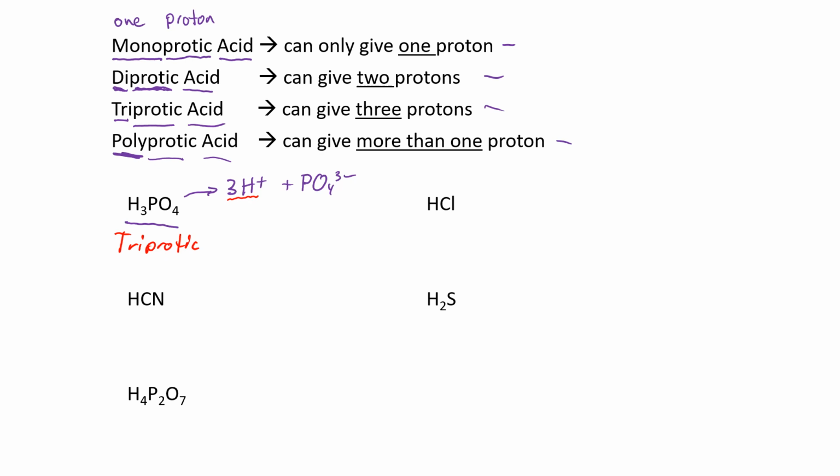Okay. Now, it doesn't necessarily mean that it will. We still call it a triprotic acid. It's still possible that it could, and we'll talk about this later. It might only donate 2 protons, right? It has 3 to donate, but it might just give up 2 of those protons. And if that's the case, then it becomes HPO4 2 minus like that. So it holds on to one of these.